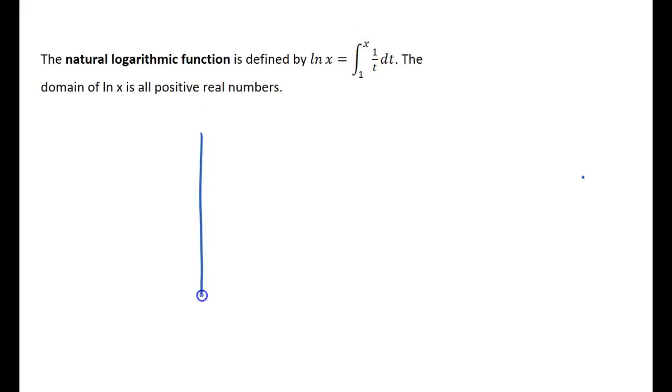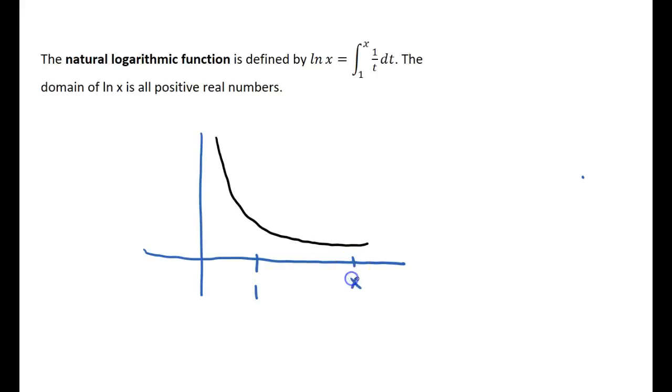In other words, if I graph 1 over t, which looks like this, and we're going from 1 to some number x, then the area under this curve from 1 to x is equal to the natural log of x.